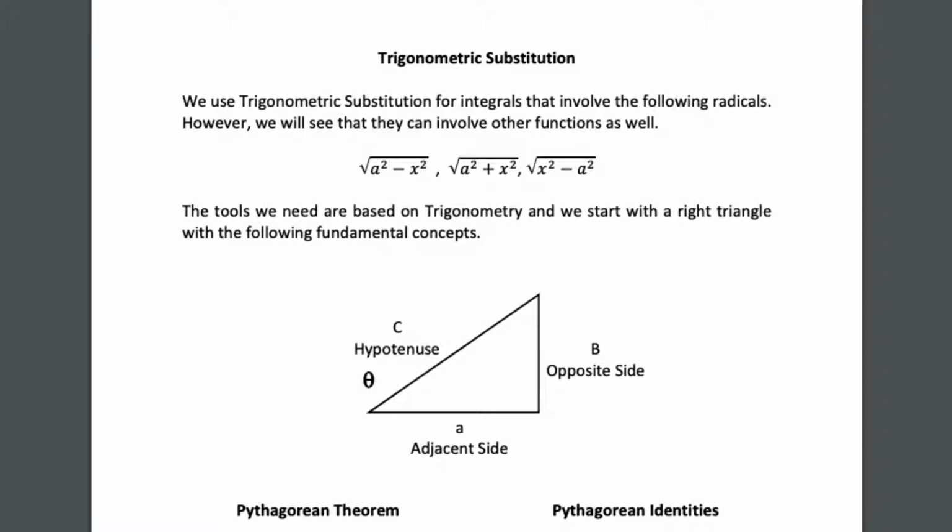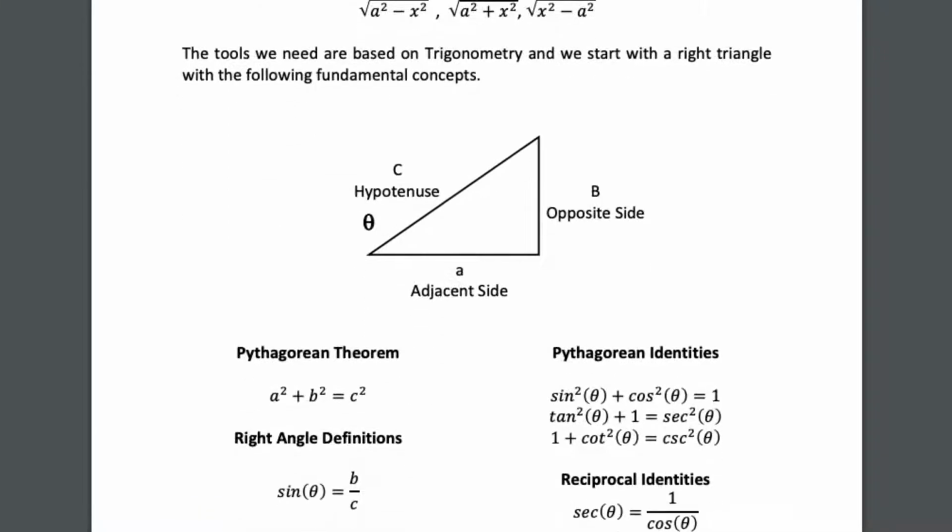And it goes back to the idea of a right triangle. We use the tools that are needed in trigonometry. We start with a right triangle with the following fundamental ideas. Remember, you have the adjacent side. So here's my angle theta. You have the opposite side, adjacent side, and the hypotenuse, right? And that's a right triangle, so there should be a little corner there.